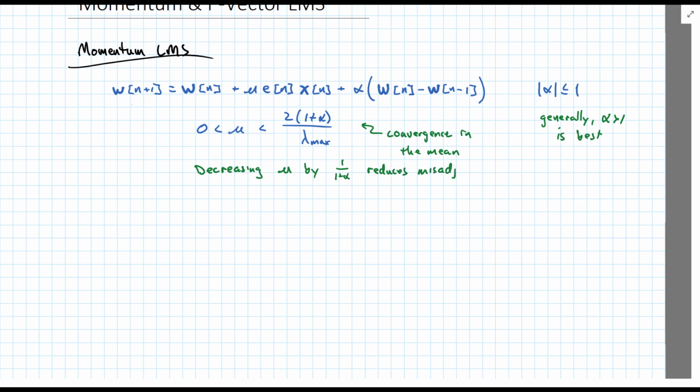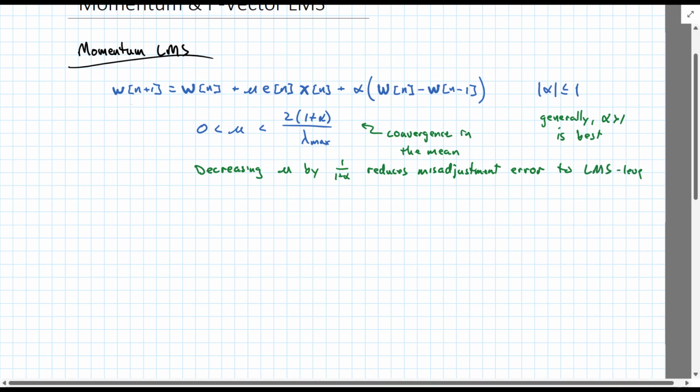Of course, it always would reduce it, but approximately back to LMS levels. So in this way, we can actually pick a relatively small value of mu so that we get good performance with our misadjustment. And this is how it would best be used.